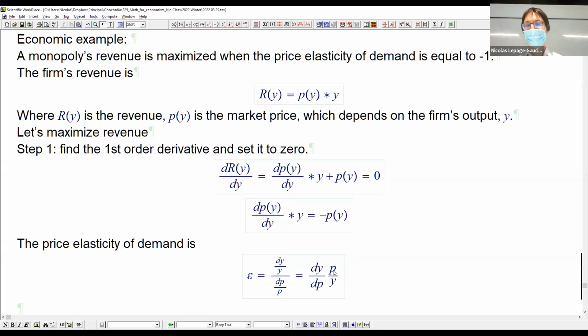And so I have a problem because here I have dp dy, and here I have dy dp. So I'm stuck. So can I do something about that? You can just venture a guess.